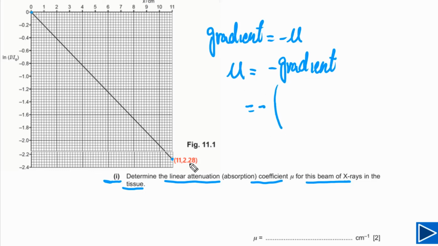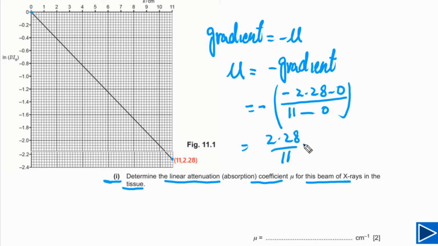So in this case, the gradient is negative because y is negative. So here we have negative 2.28 minus 0, divided by x, which is positive, 11 minus 0. Now if we simplify, the negative will be cancelled with the negative. So we are left with 2.28 divided by 11.